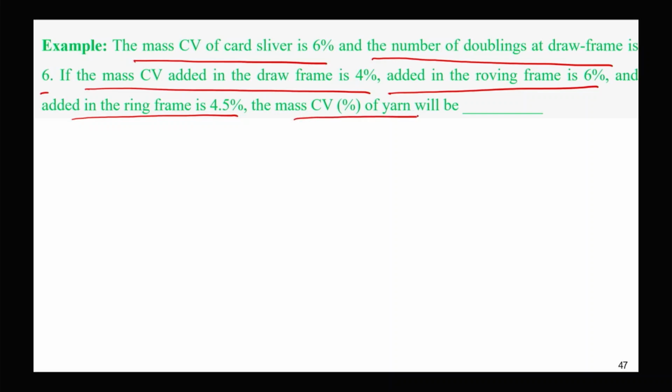It is a similar problem, but here we want to know the yarn CV. Stepwise, the same: mass CV of input of the draw frame is 6 by the square root of 6, because of 6 doublings and 6% card sliver, giving 2.44.